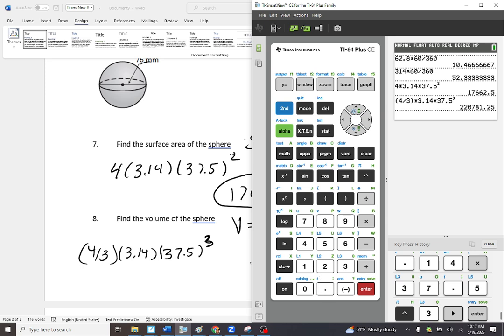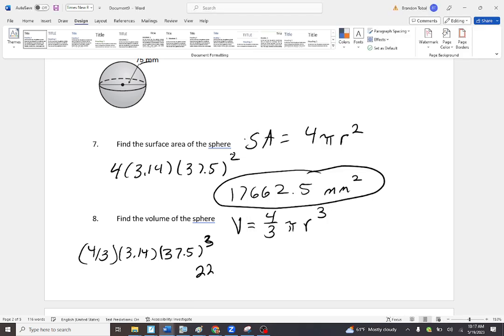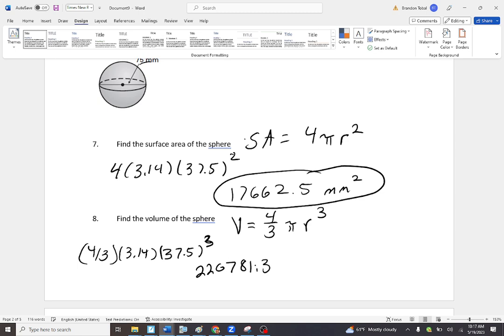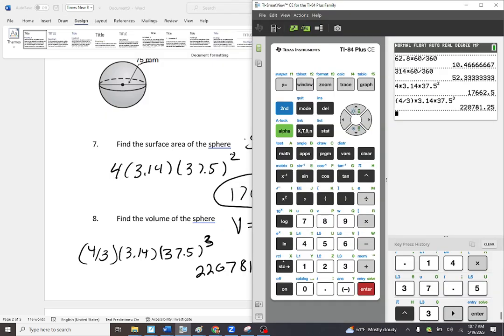So 220781. It's because we're cubing a two-digit number, that's why. Yes, it's the up arrow thing.